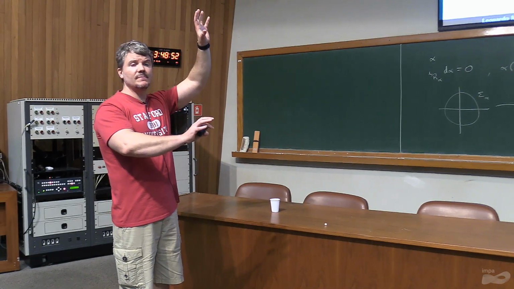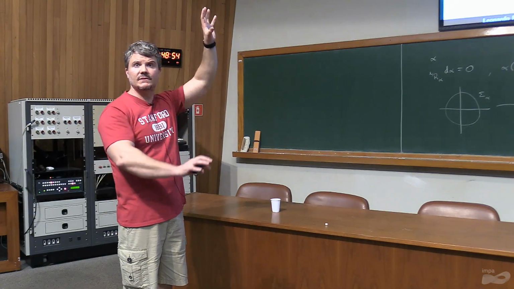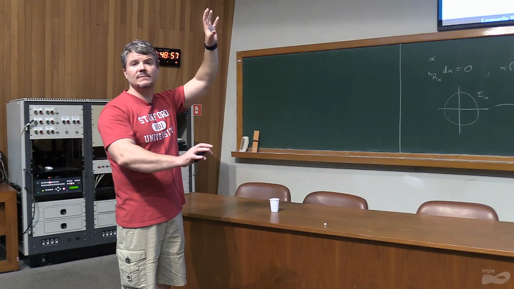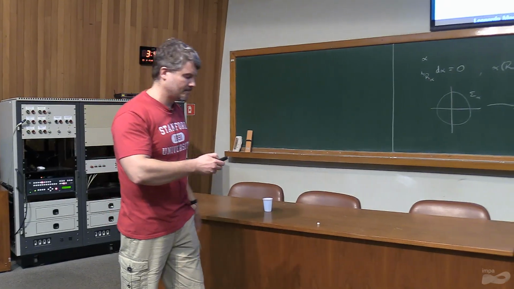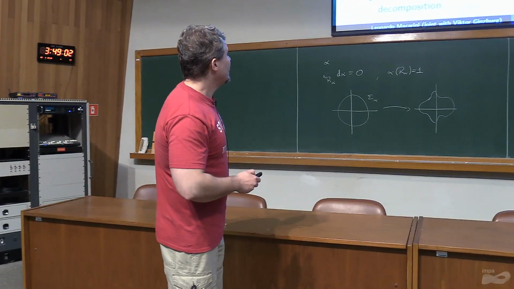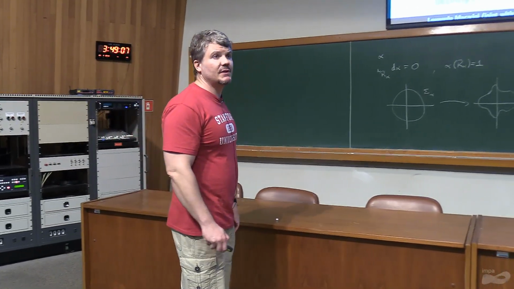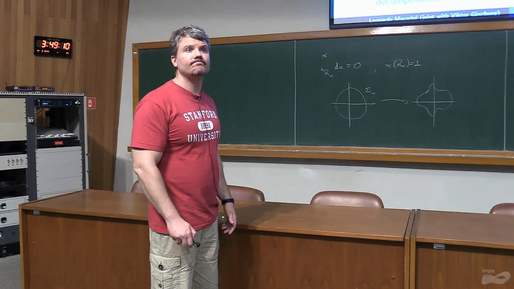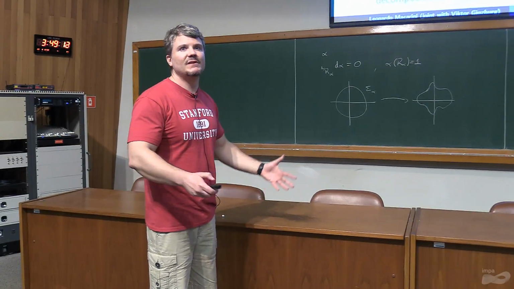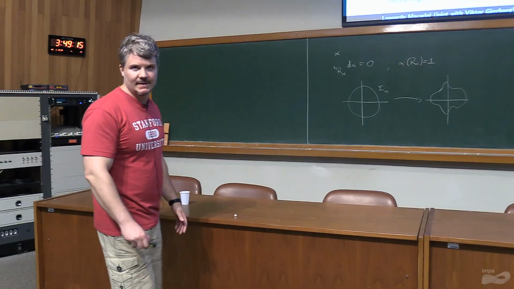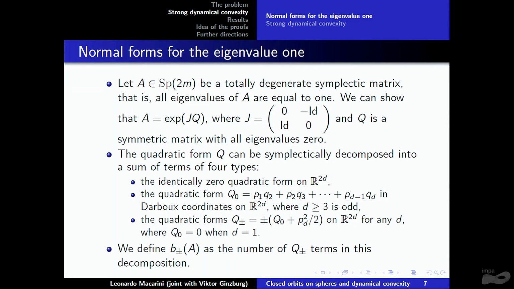You can symplectically decompose the totally degenerate symplectic matrix such that you have these 4 terms. And then we define B plus minus of this matrix as the number of Q plus minus terms. It's a bit technical, but it's very important. So it's the number of these Q plus minus terms. It's very important in this talk, these last 2 terms, Q plus minus.